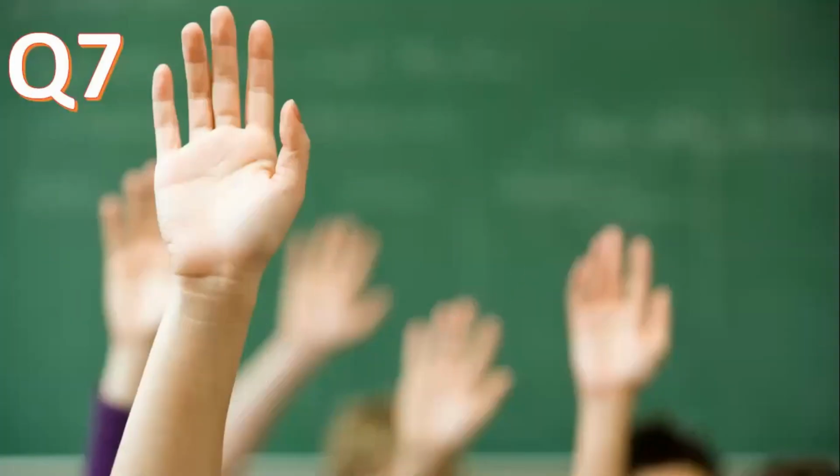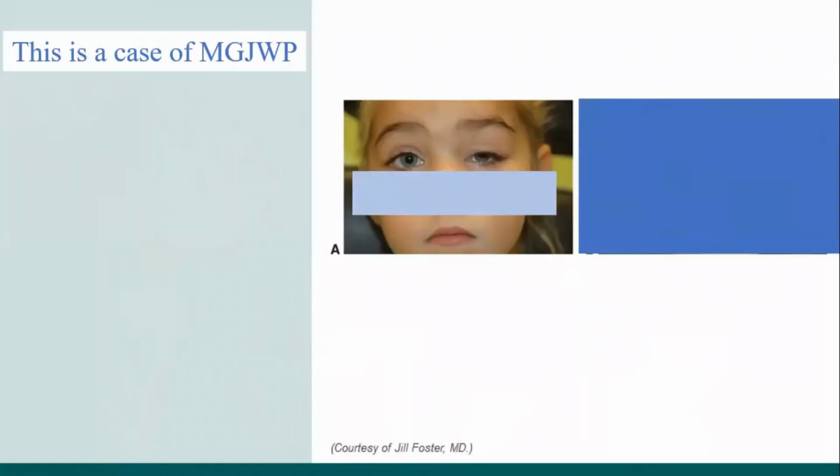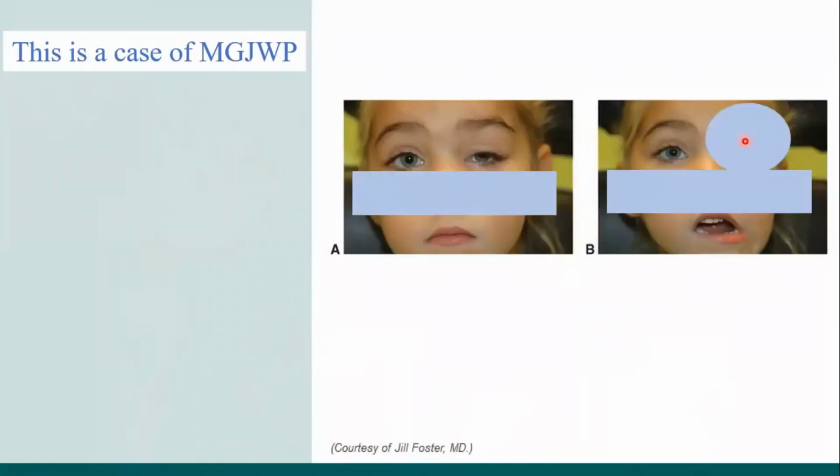Question number 7. This is a case of marked Marcus Gunn jaw winking. What do you expect happened to the eyelid behind this occluder or this bar? Retraction? Increased ptosis? Increase or decrease? Increased ptosis, because in the opposite direction only it will.